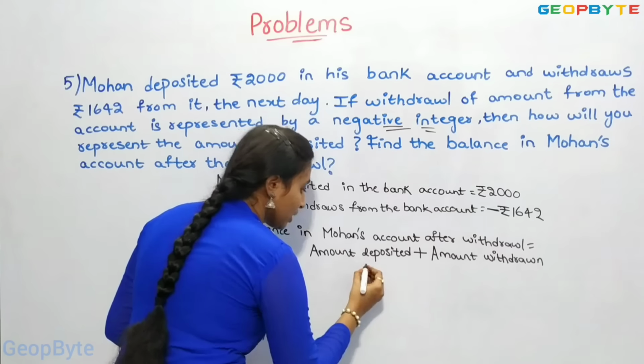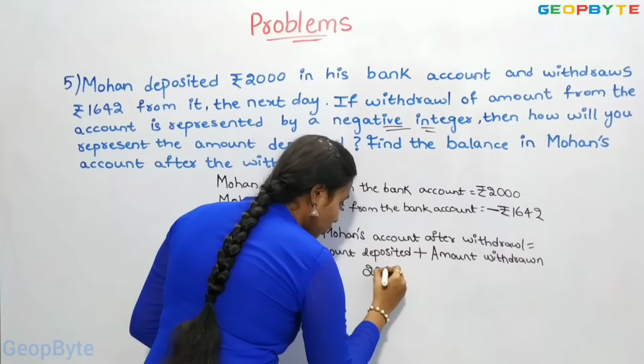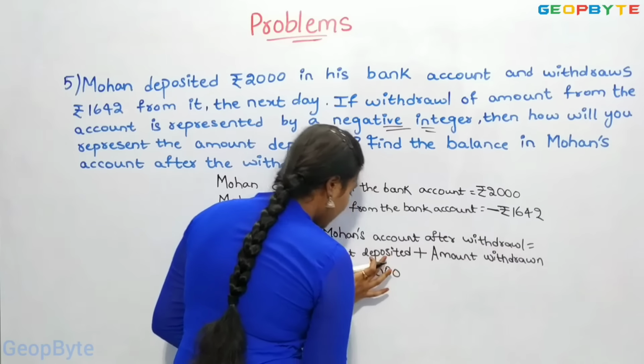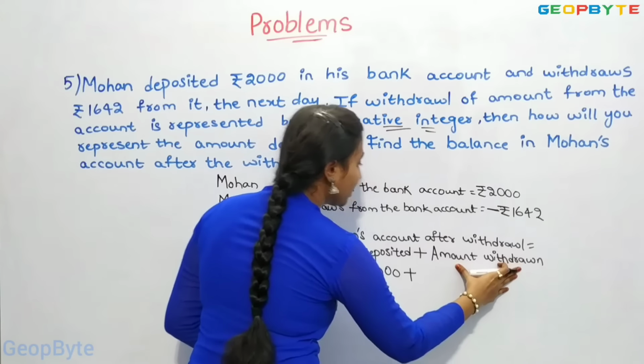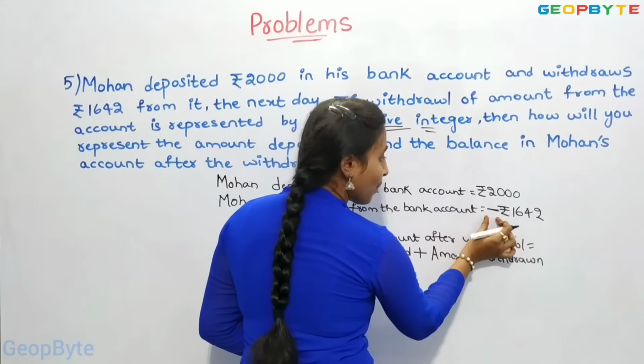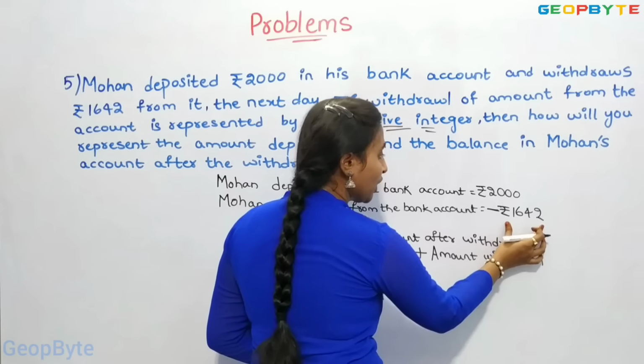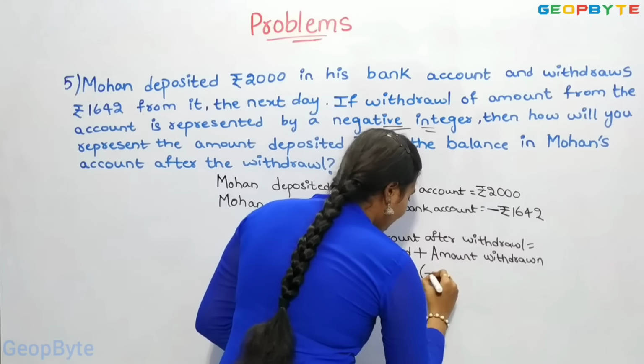Plus 2000. So 2000 plus, this is the amount deposited, plus amount withdrawn, that is minus 1642 rupees.